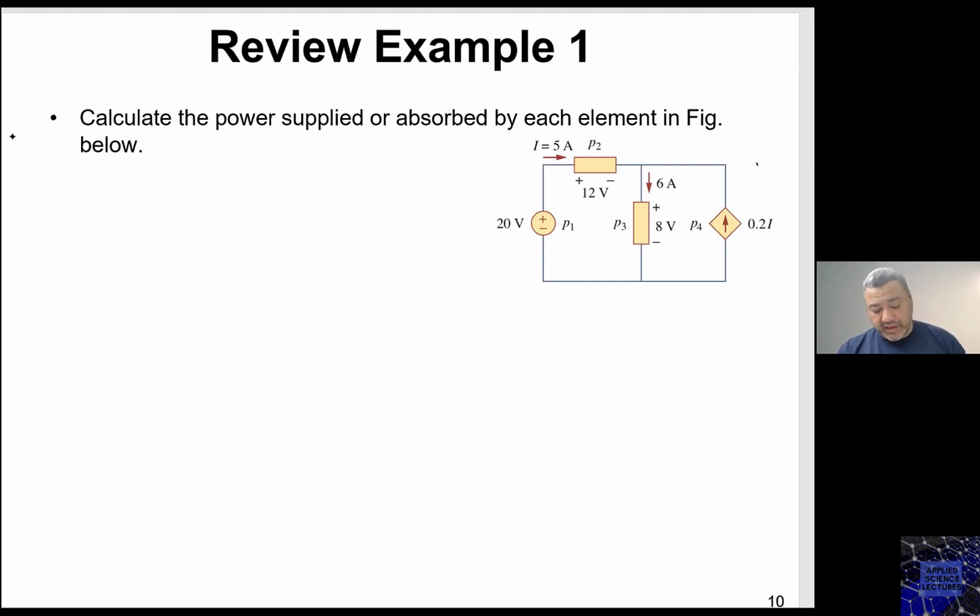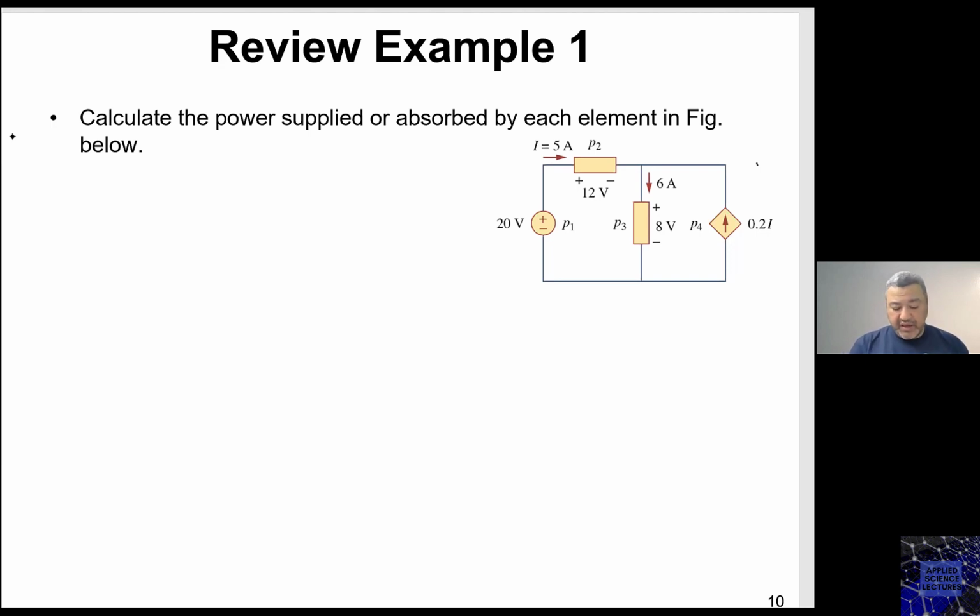Remember, in last lecture, we said that the convention is if the current is entering the positive terminal, then if the power is positive, this means that this component is absorbing power or energy. If the power is negative, then this component is supplying power or energy.